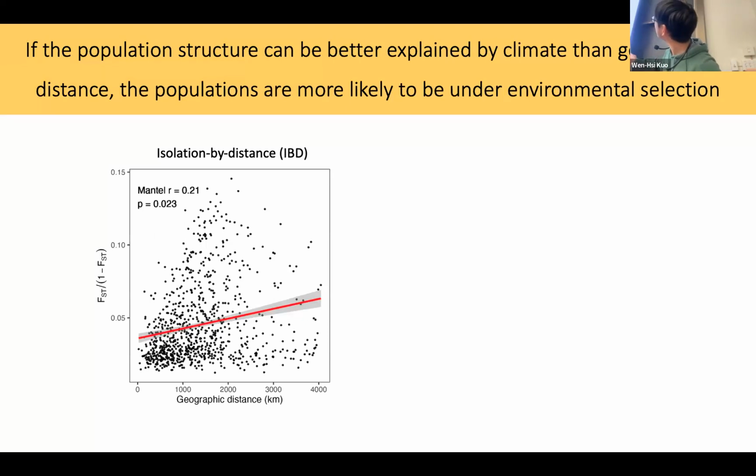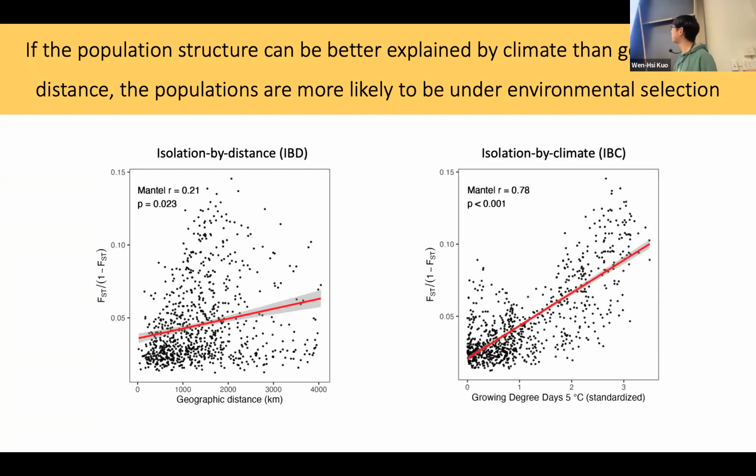If there is some selection, we would expect to see more correlation between climate and genetic differentiation. And that's what we see here. Among a list of climate variables, we find BIO5, which is a temperature gradient, shows a very nice association with the genetic differentiation. So this is very supportive evidence to show maybe there is some selection going on.